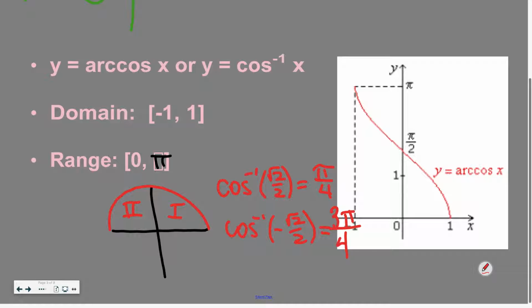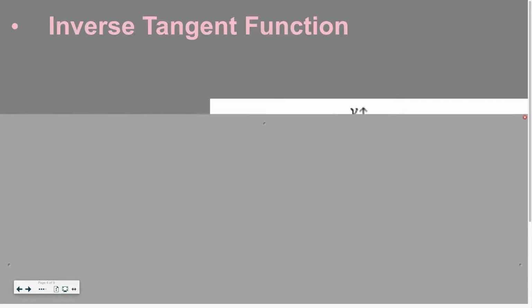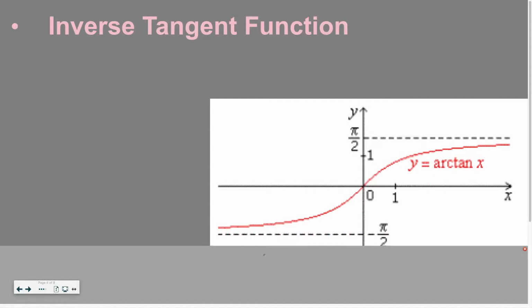And then lastly, we have our tangent. I'm just going to show you the inverse tangent graph. It looks like this. Once again, we have to take our tangent graph, and in order to take the inverse, we have to restrict it.